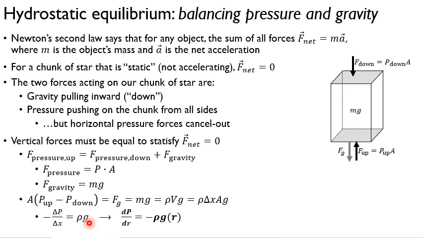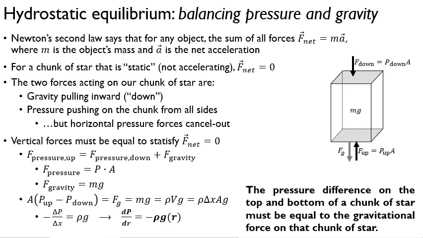If we want to convert this from an algebraic form to a differential form that we would use in calculus, it's the same equation: the change in pressure with the radius of the star is equal to the density of that region of the star times the local gravitational acceleration.